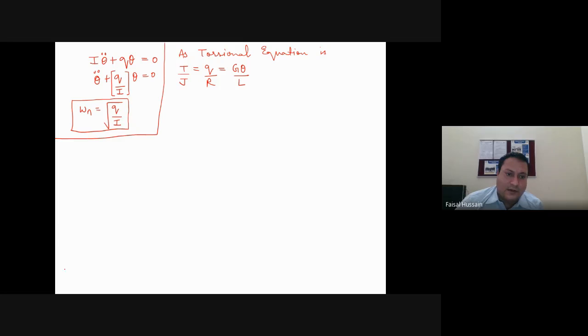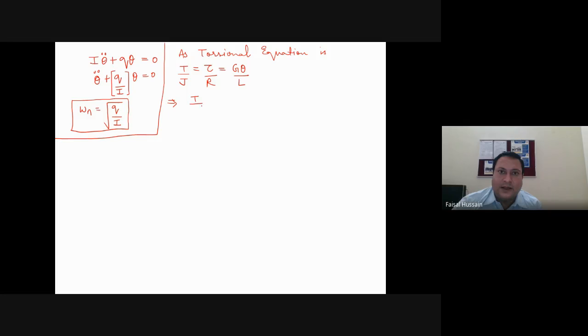Don't get confused, I will write this q as tau. Tau, q, sigma s are the shear stresses.